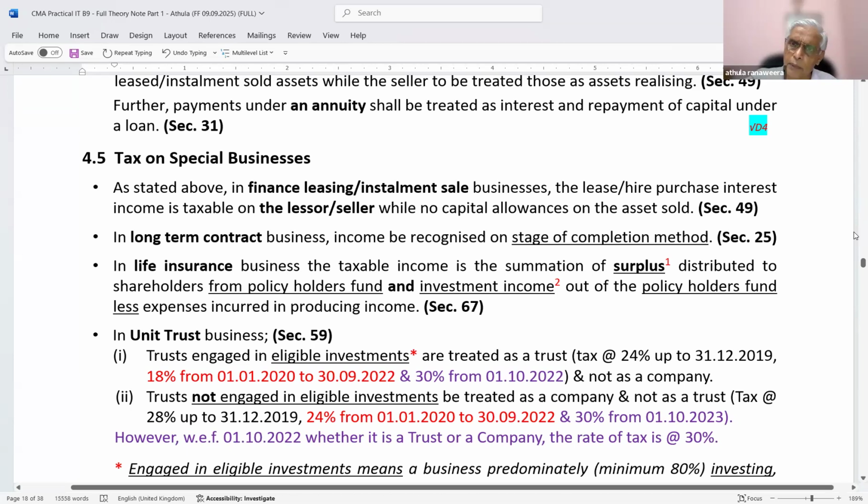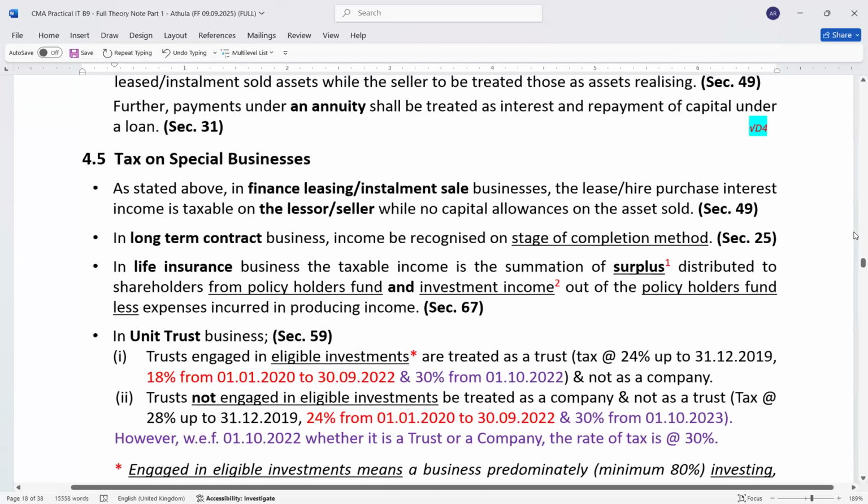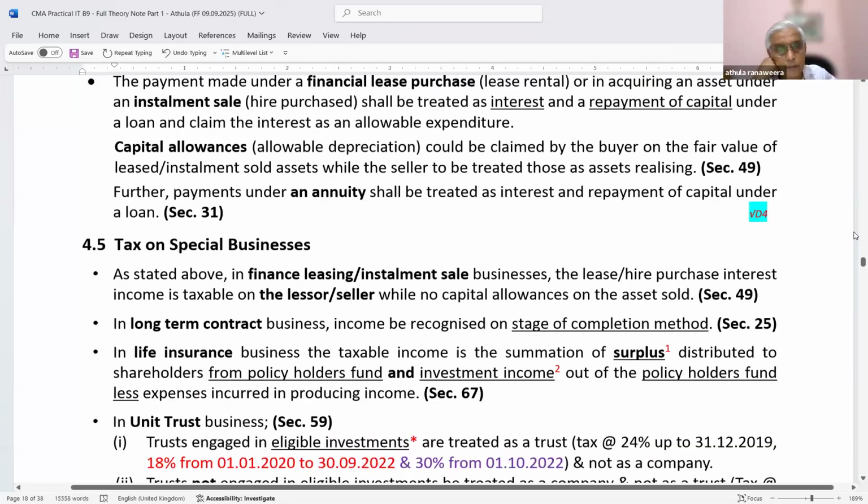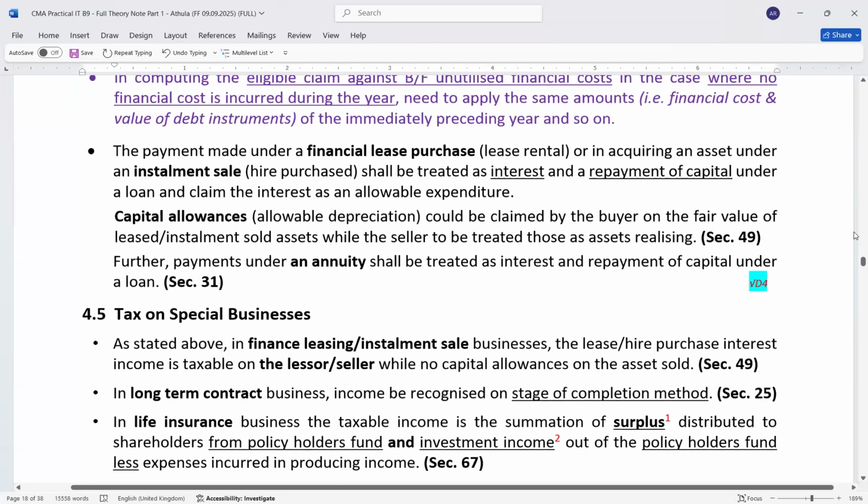Sorry, could you please repeat? For example, let's say we have a company, we are borrowing and we are investing that money to acquire a controlling stake of another company, another entity. It may not be listed, let's say a private company.